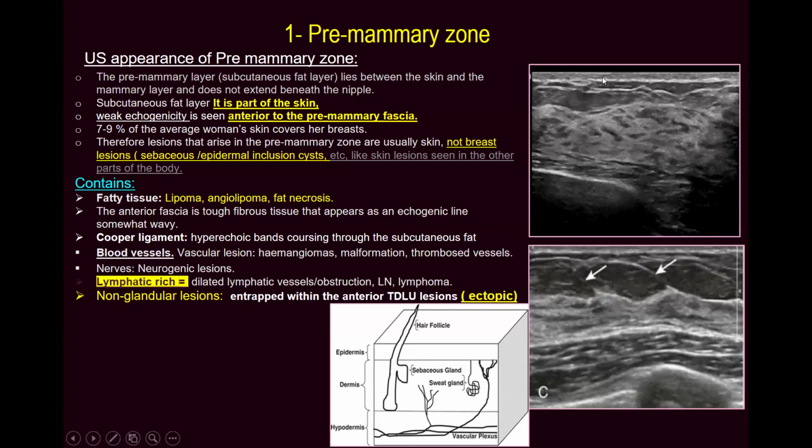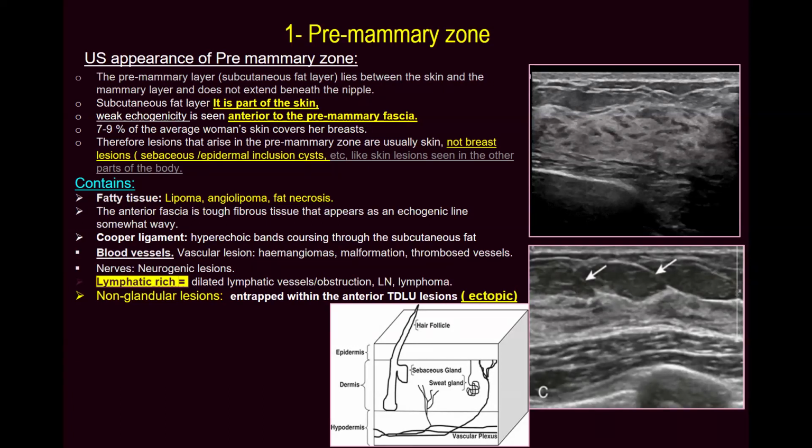The fatty layer beneath the dermis is the hypodermis, or subcutaneous fat. Regarding zonal anatomy, this subcutaneous fat represents the pre-mammary zone. So the pre-mammary zone is part of the skin.